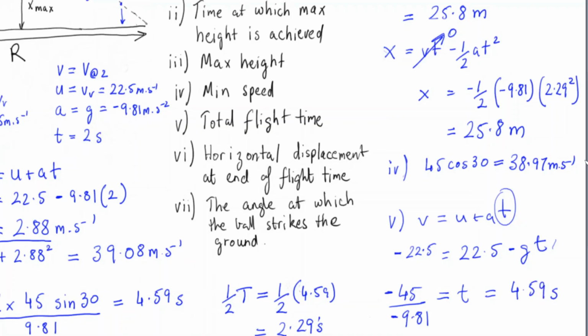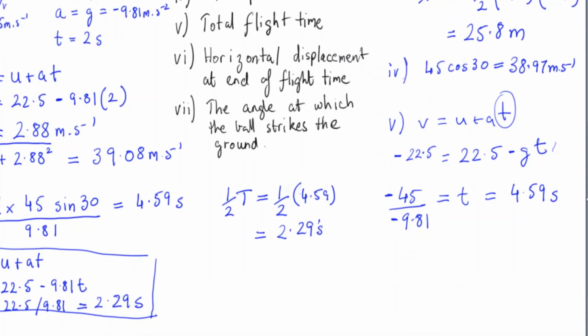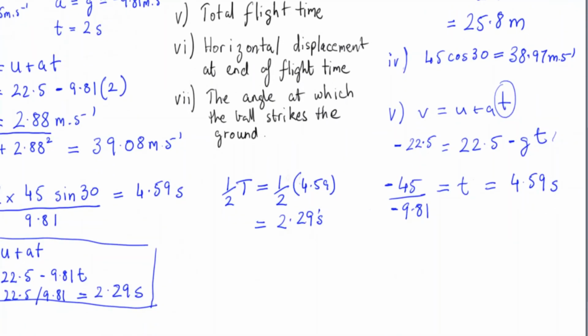Now we can move on to part 6 of the question, which asks for the horizontal displacement at the end of the flight time. There are two ways we can work this out. We could just use the velocity equals displacement over time equation, which in our case will be the horizontal velocity, v of h, is equal to displacement over time, where x is r, and t is big T for the total time taken.